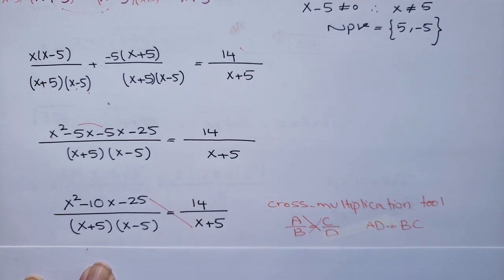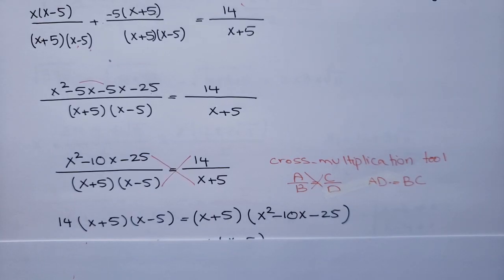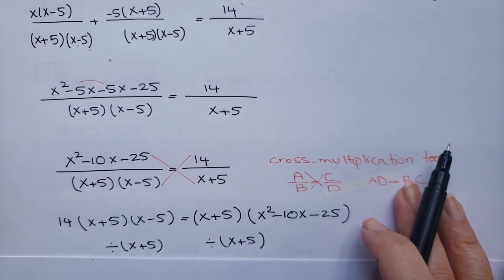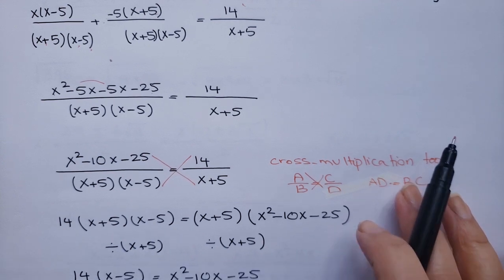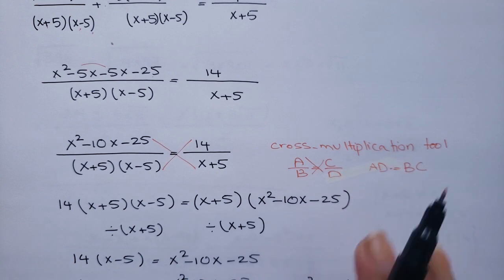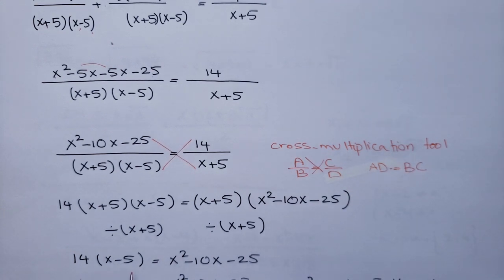So I'll do this multiplied by this equal this multiplied by this. This is what I did, but you can see here x plus 5 is repeated here and here. So I will divide both sides by x plus 5. Okay, so it is simplified to 14 times x minus 5 equals x squared minus 10x minus 25.